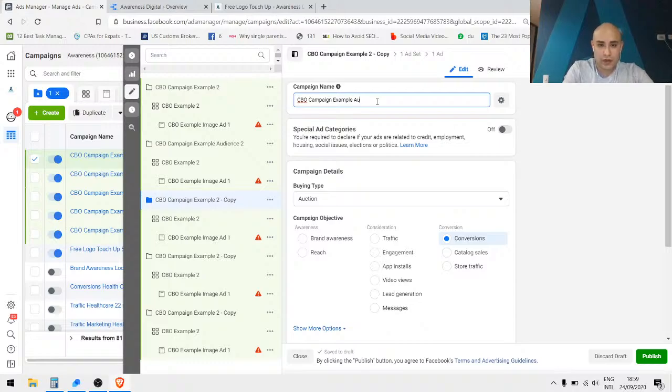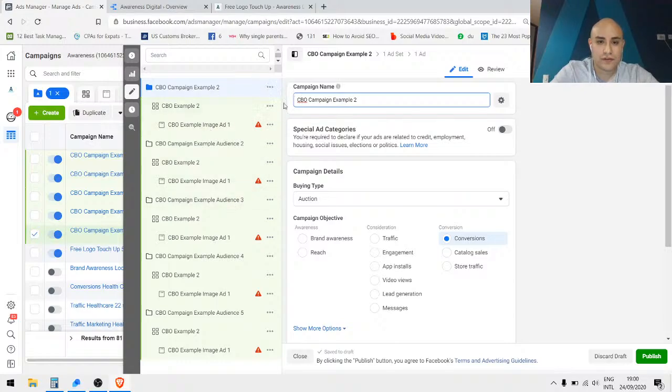Example audience 3. Example audience 4. And then the last one will be audience, oh crap, one second. There we go. Then we'll do audience 5. Okay? So there you go, folks. You have all the audiences. I'm going to actually change this back to audience.